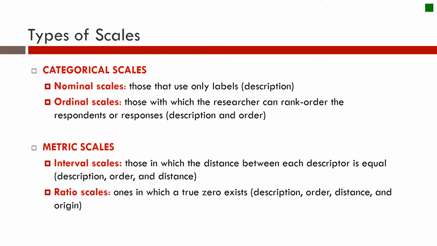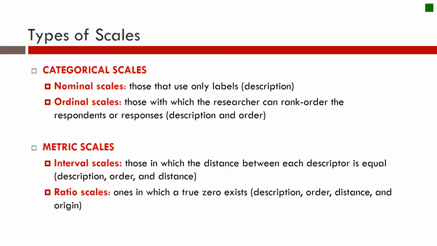There's not one that's better than the other. There's not one that comes before or after the other. There's also no distance, and of course there's no 0 point because it's not numeric even. It just has a label. That's all that variable has, a label or a description. So it is a nominal variable.